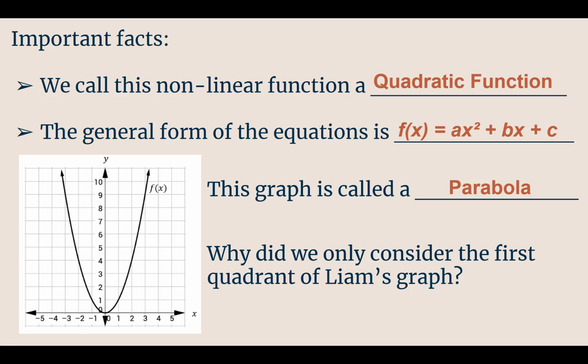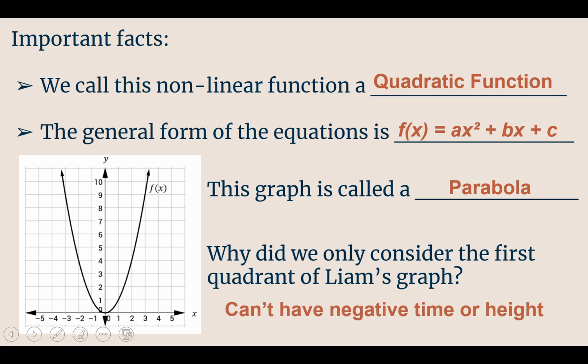You can't do negative time. Negative time, negative height, in this problem cannot exist, right? If I went anywhere else besides the first quadrant, I would have negative numbers, and in this situation, we cannot have negative time or height.